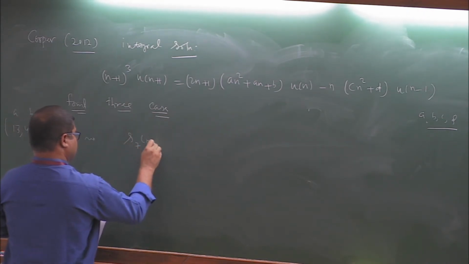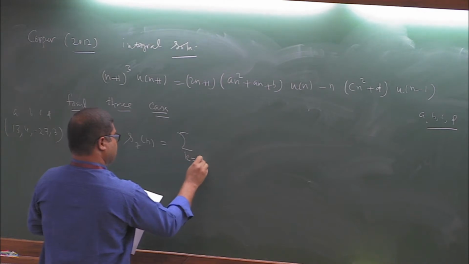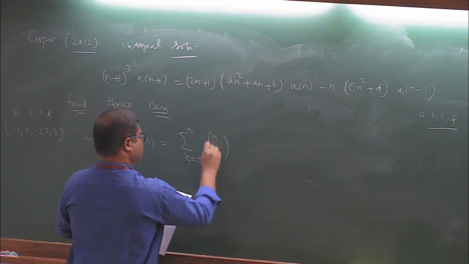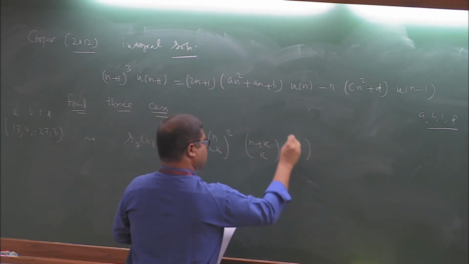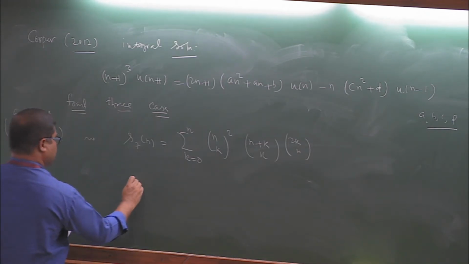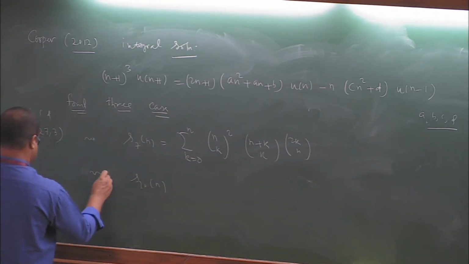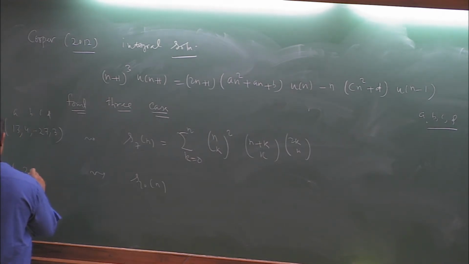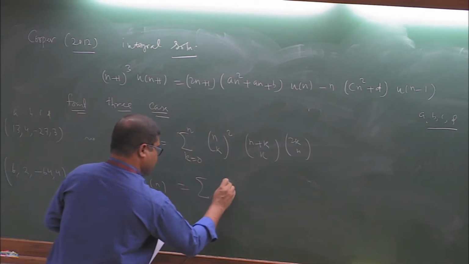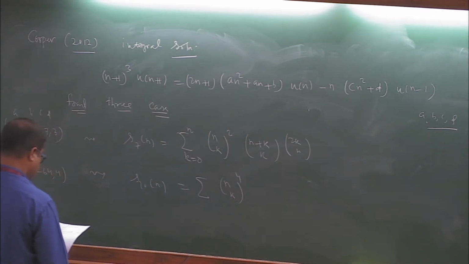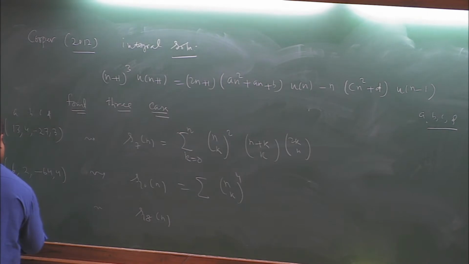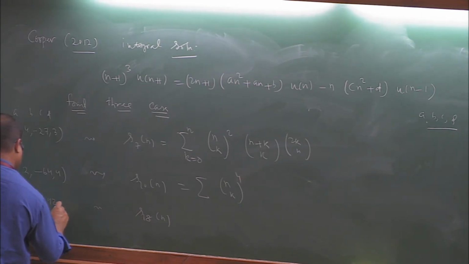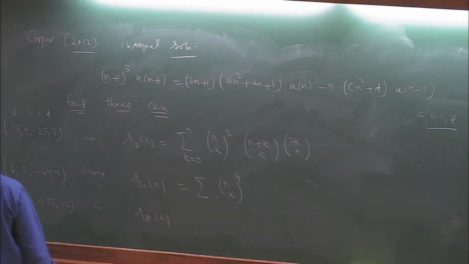I follow his symbols: S7(n), sum over k from 0 to n of n choose k squared, n plus k choose k, 2k choose n, and something like S10(n). I'll write what the 7 and 10 mean; these are the numbers corresponding to A, B, C, D. And n choose k to the power 4, and he got another one for this particular A, B, C, D: 14, 6, minus 1, 92, 12.